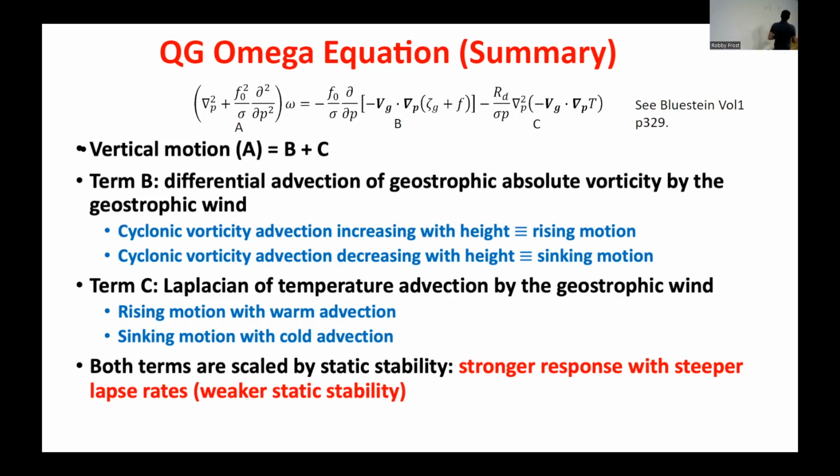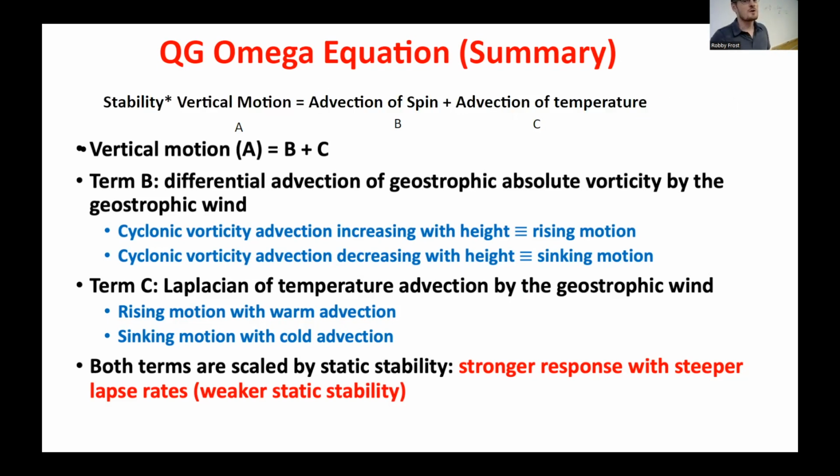So it's the same sort of thing, but we flipped a couple of things. It's really similar to the other one. Your changes in vertical motion are just related to the spin advection plus the advection of temperature.